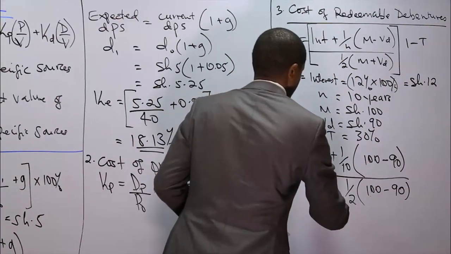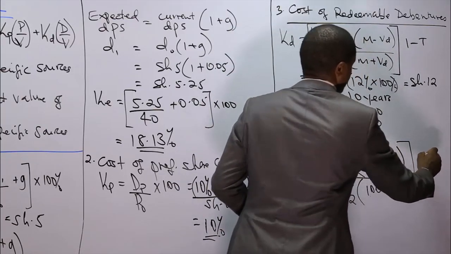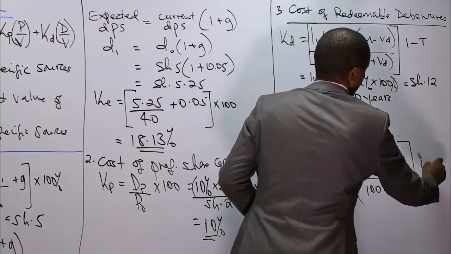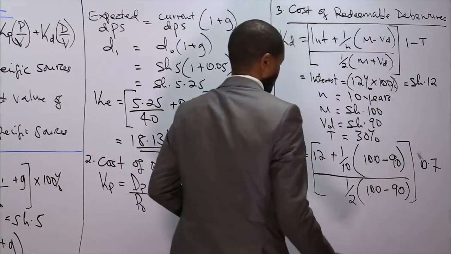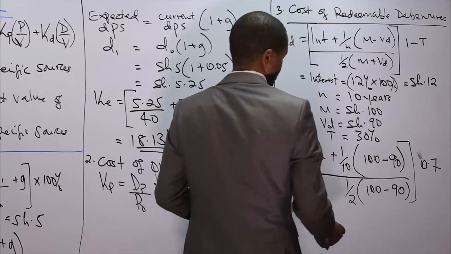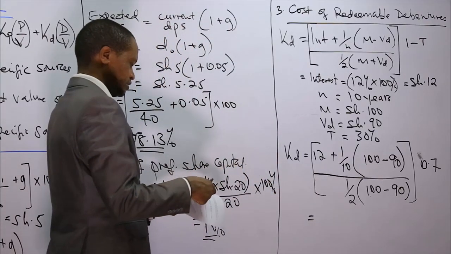Then of course here we apply 1 minus T, which is equivalent to 0.7. So this remains the work of a calculator. We apply the calculator there.